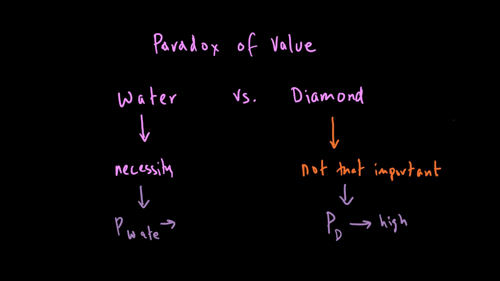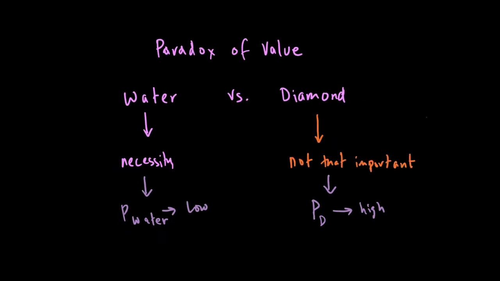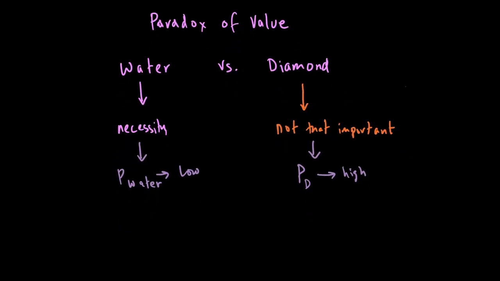So one would argue, why is it that a good that is so important for our survival, like water, is so low in price, while diamond, which is so unimportant for our survival or for our lives, is so expensive? And the reason is simply because of the demand and supply that goes into these goods.